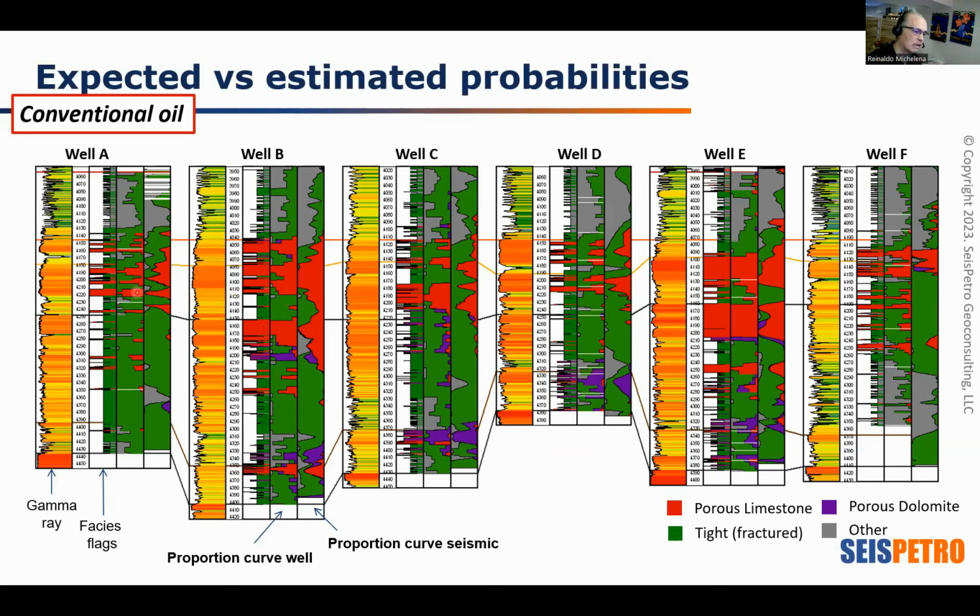You can see that in some places it does a very good job in predicting the phases, even the ones that are not too abundant, in this case like the dolomite. In some cases, the seismic does a very poor job. It gets confused with the facies. In this case, it classifies as other something that was supposed to be tight.